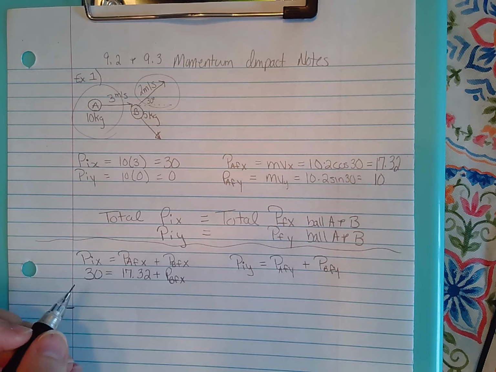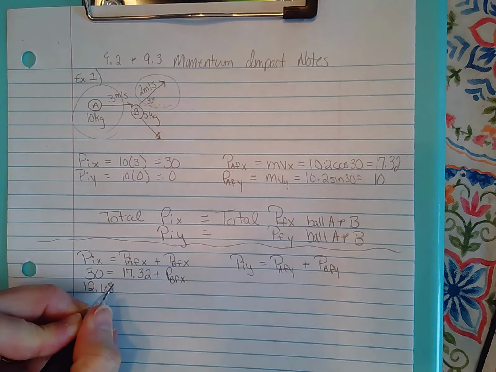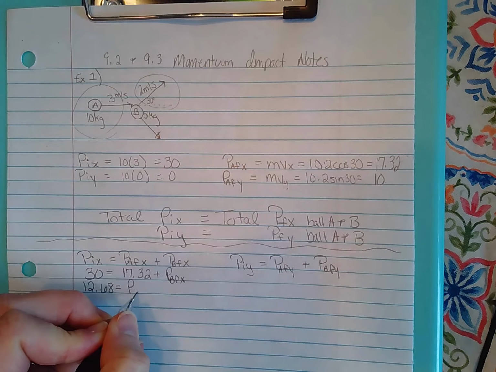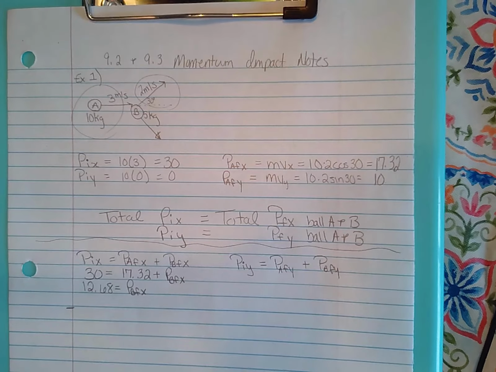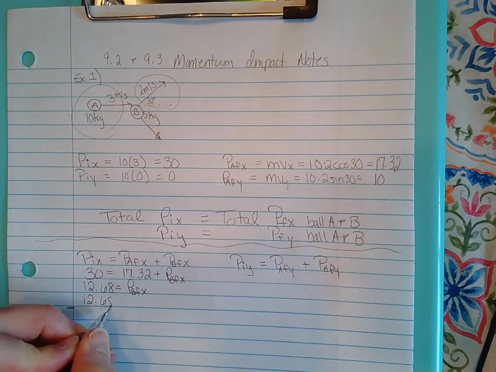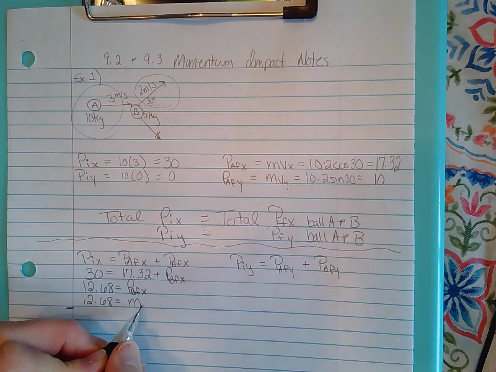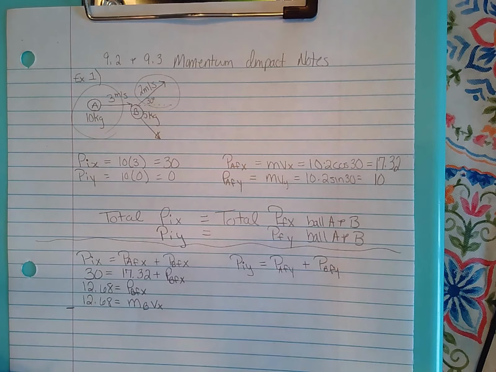So when I subtract that, 30 minus 17.32, I get 12.68 equals my final momentum of B in the x direction. Now remember, momentum is simply mass times velocity. So I can say that 12.68 equals my mass of ball B times my velocity in x of ball B.